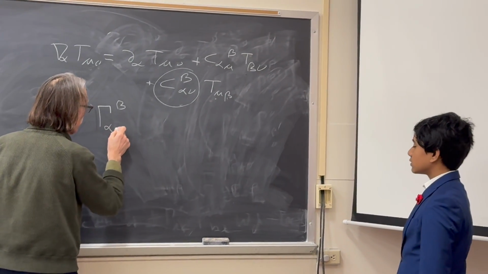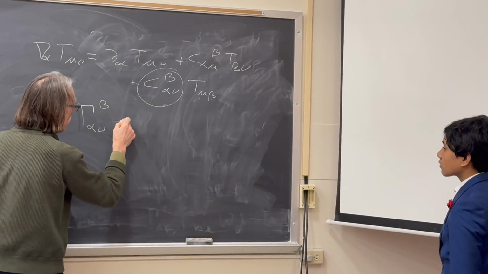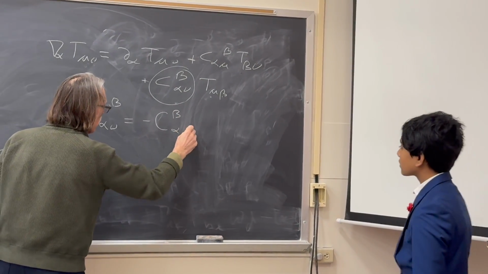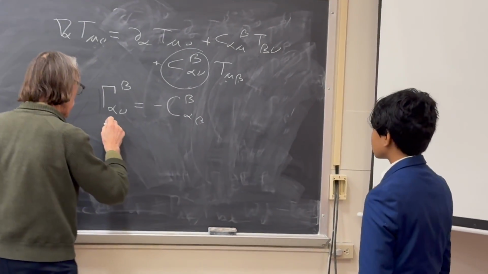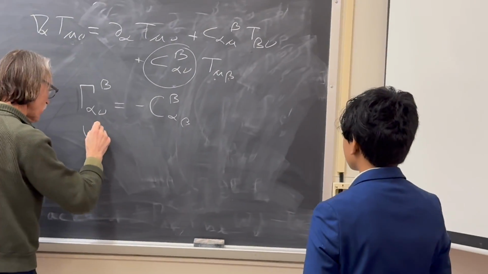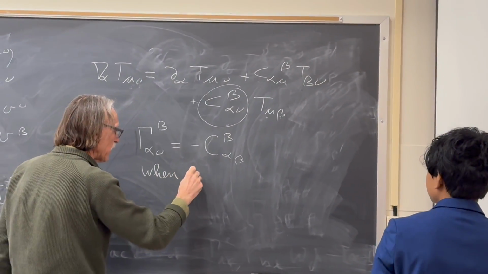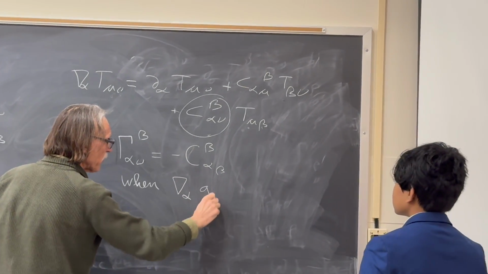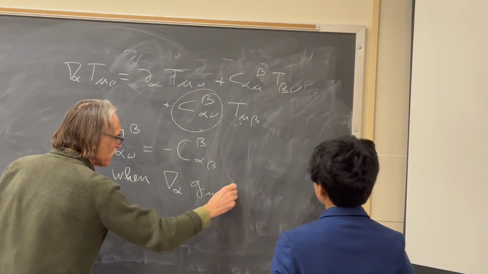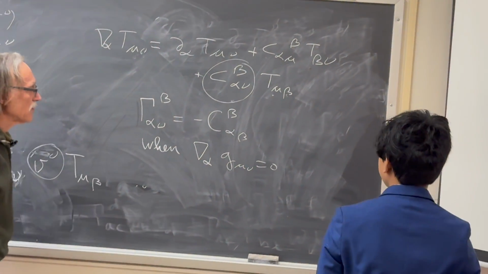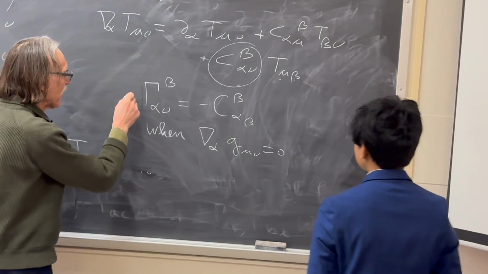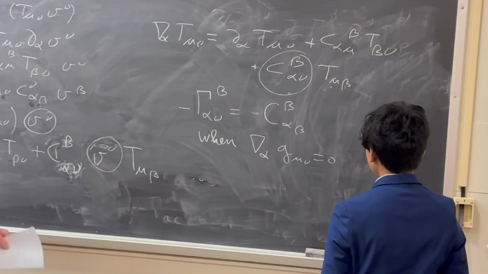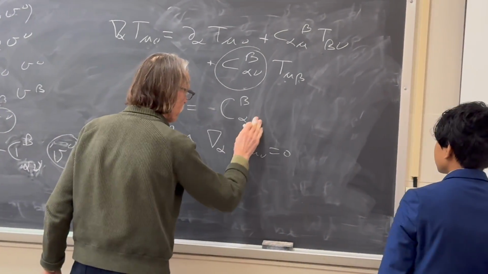And we use them, and in fact we use a minus sign here, when the covariant derivative of g mu nu is equal to 0. So maybe I should put a minus sign there. That's better. Beta, alpha, beta? Sorry, alpha nu.